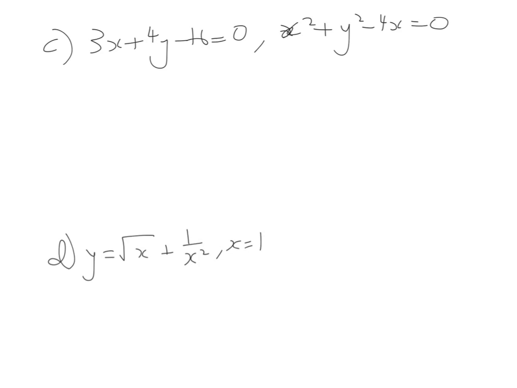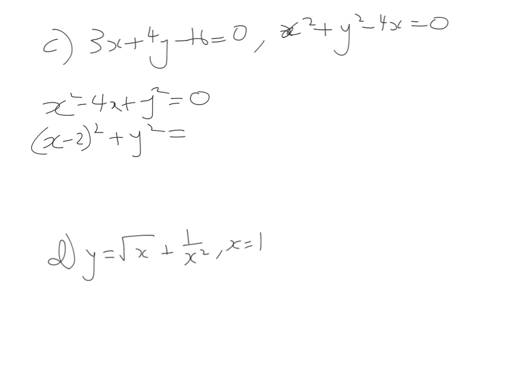we have to complete the square to make the circle. So we get x squared minus 4x plus y squared equals 0. So let's complete this square. Half of 4, because normally it's double the product, so we're going to half that, you get negative 2.